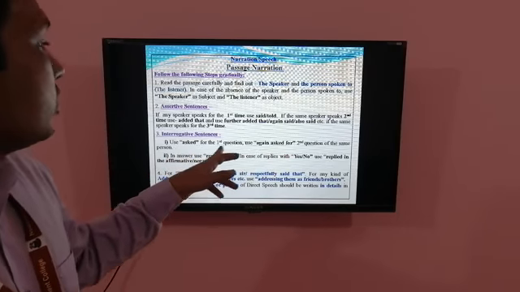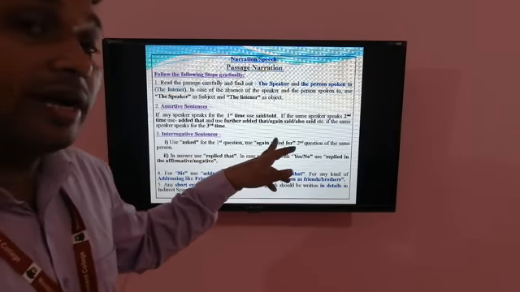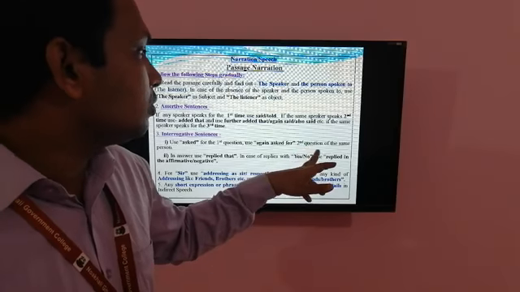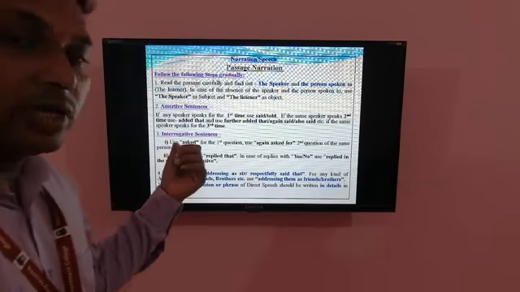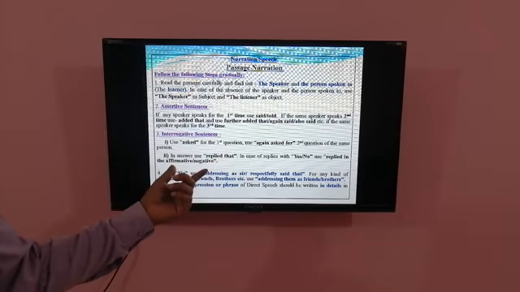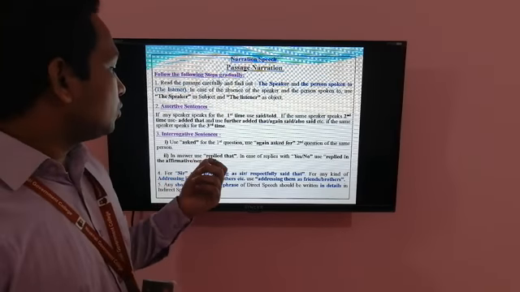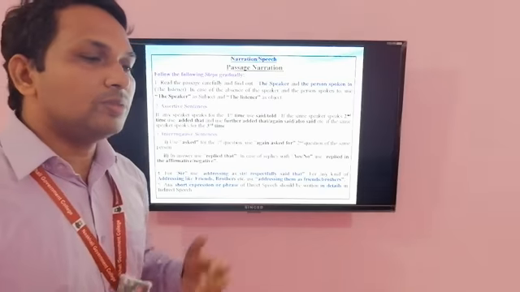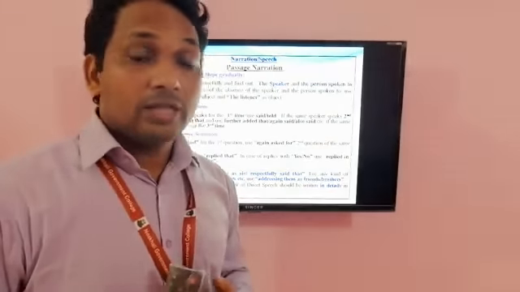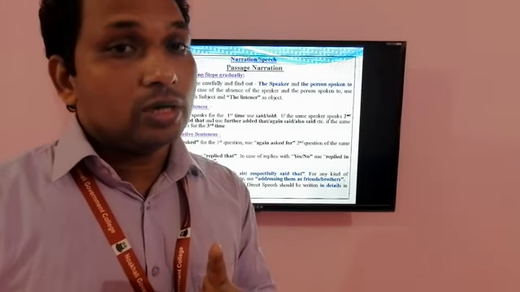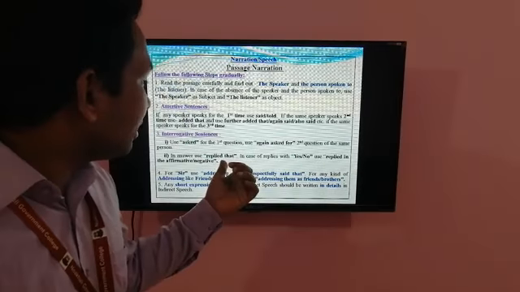So use 'asked' for the first question and 'again asked' for the second question of the same person. This is the first point of interrogative sentences. Second point: in answer, use 'replied that'. That means when a reply comes, you have to answer with 'replied that'.